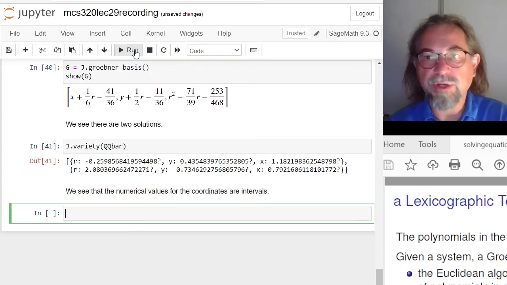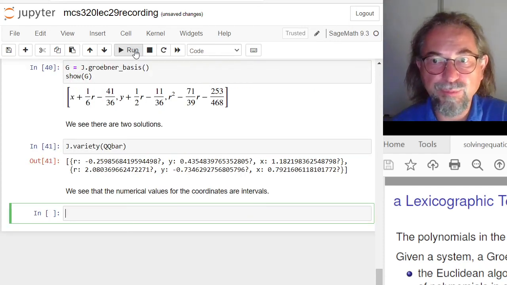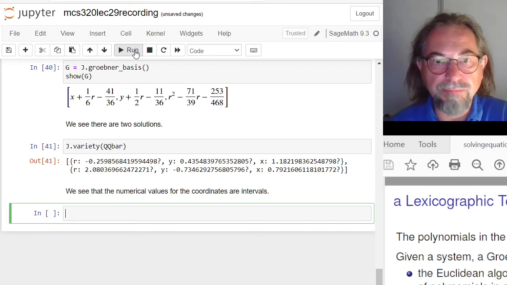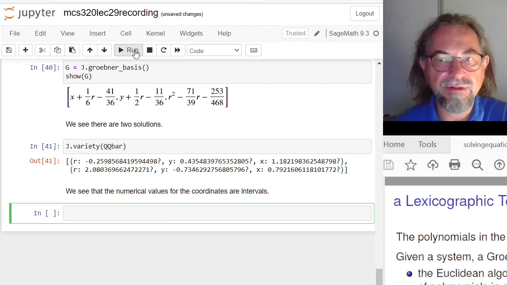So this is a semi-numerical solving. We see floating point numbers, but we have bounds on the errors. The diameters of the intervals actually tell us something about the accuracy.